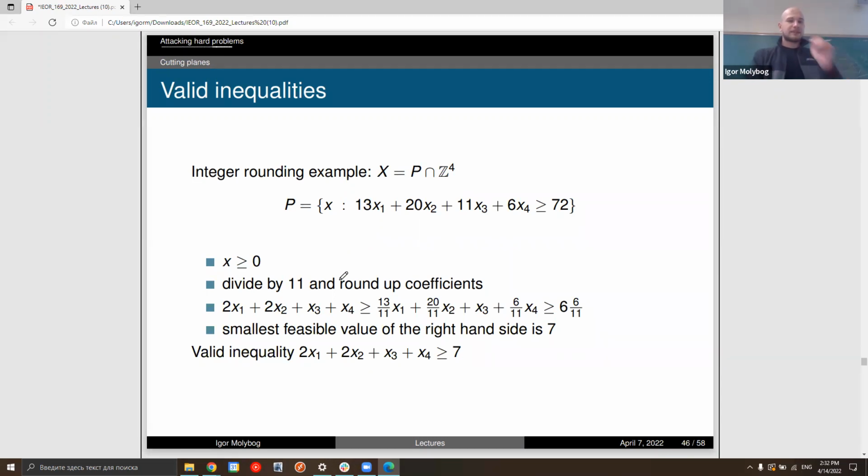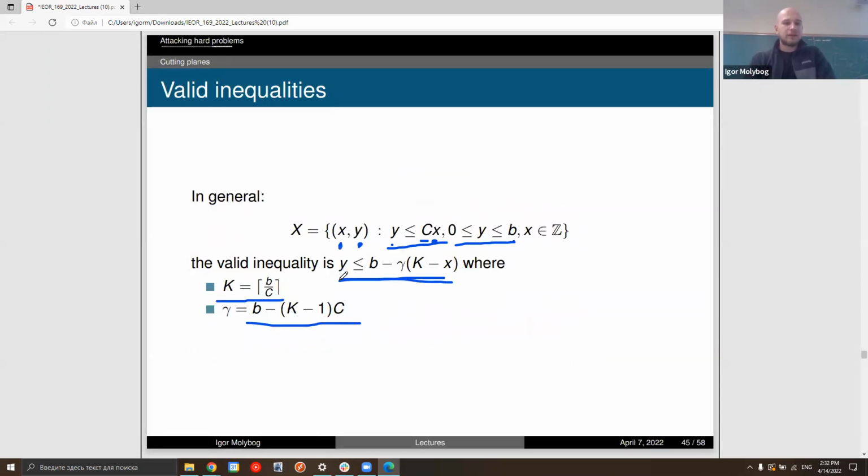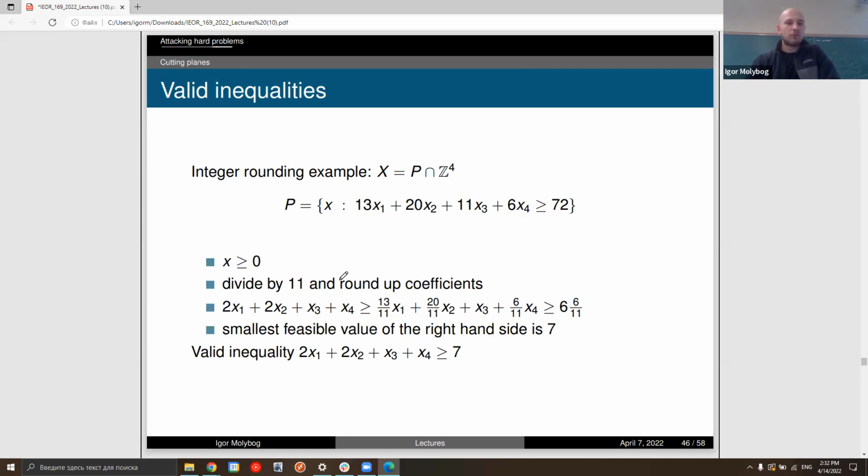Let's take a look at an example of the application of this statement for more variables than just one. Let's say that we have a set X that is located in a 4-dimensional space, and it has the formulation P defined via a single inequality: 13x1 plus 20x2 plus 11x3 plus 6x4 greater than or equal to 72.